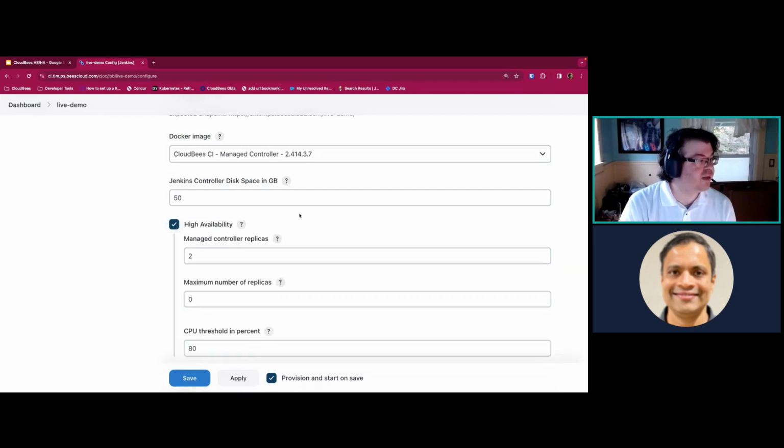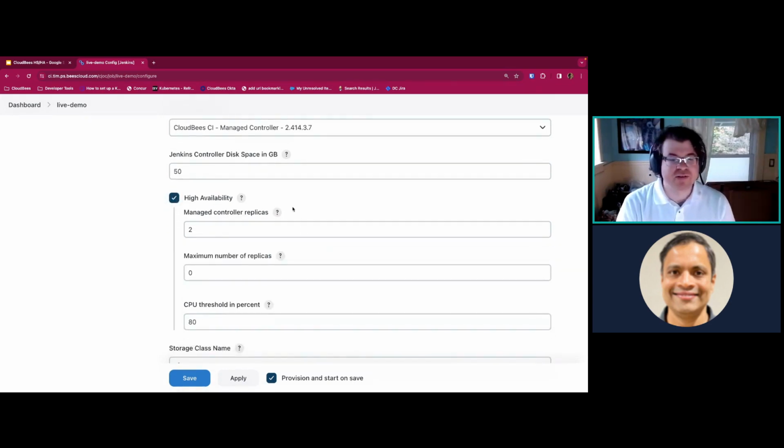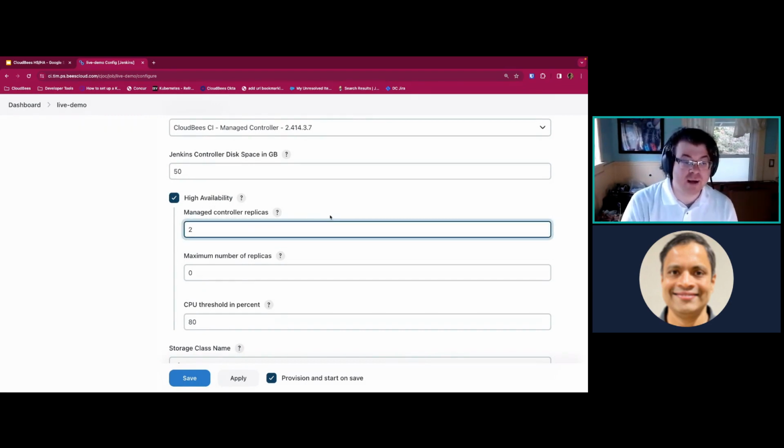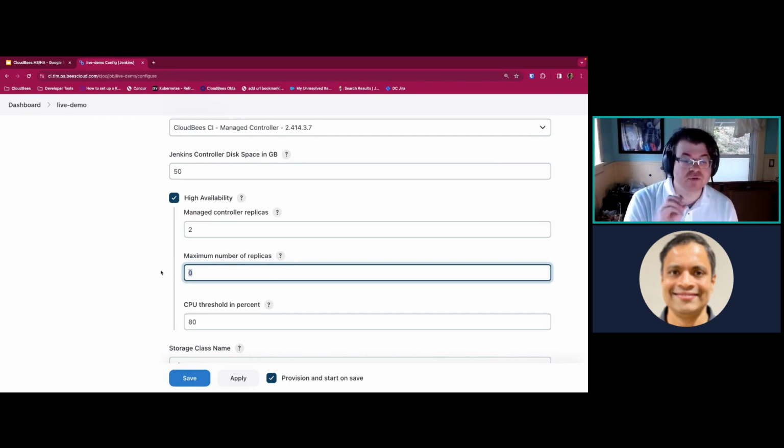Now, if we go to do the high availability, you have a few options here. You have managed controller replicas. This is how many replicas will be up and maintained at all times. So we're going to leave this at 2. Maximum number of replicas is how many you want to be able to surge to in the event that you have a CPU overload or some problems.